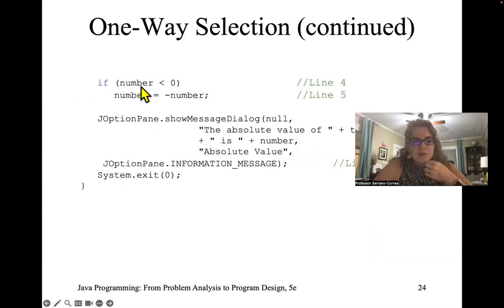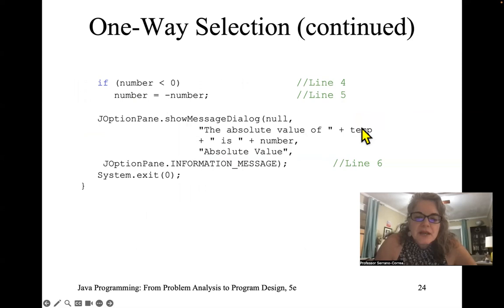Then it says, if the number that I entered is less than 0, so if I entered a negative number, then number equals negative number. And then it shows the message, the absolute value of temp is number. So basically, if I enter like a -5, then it would say the absolute value of -5 is 5.